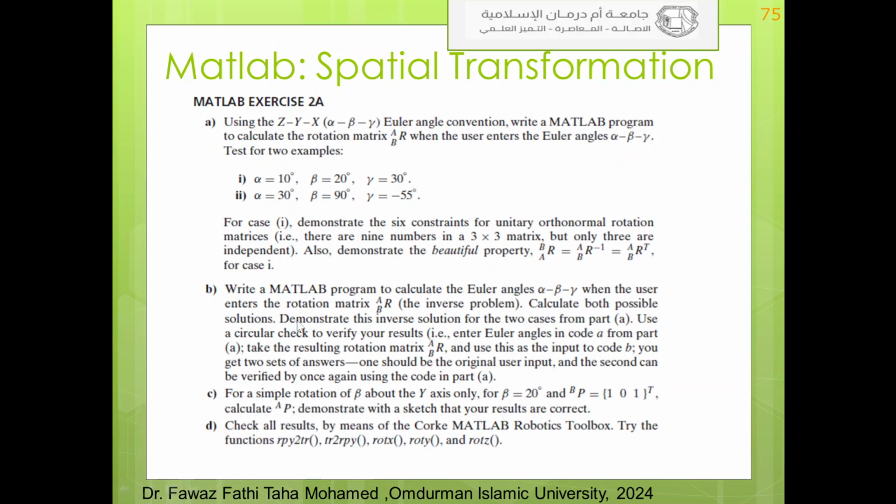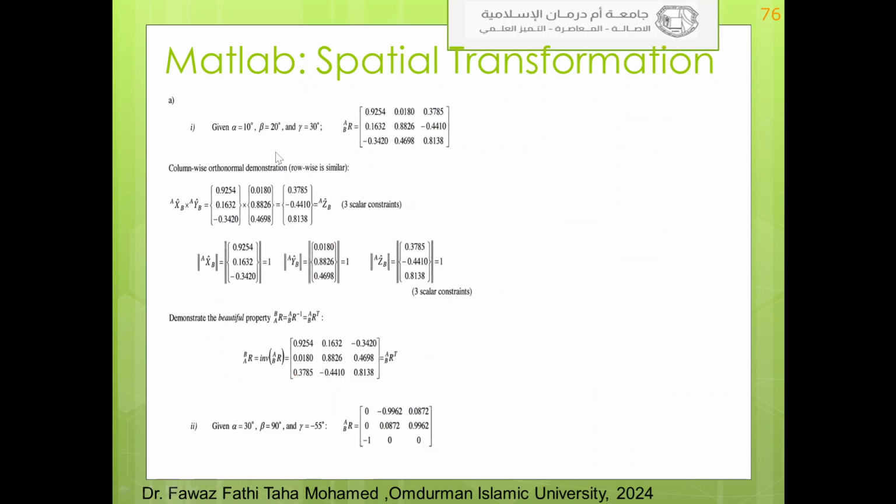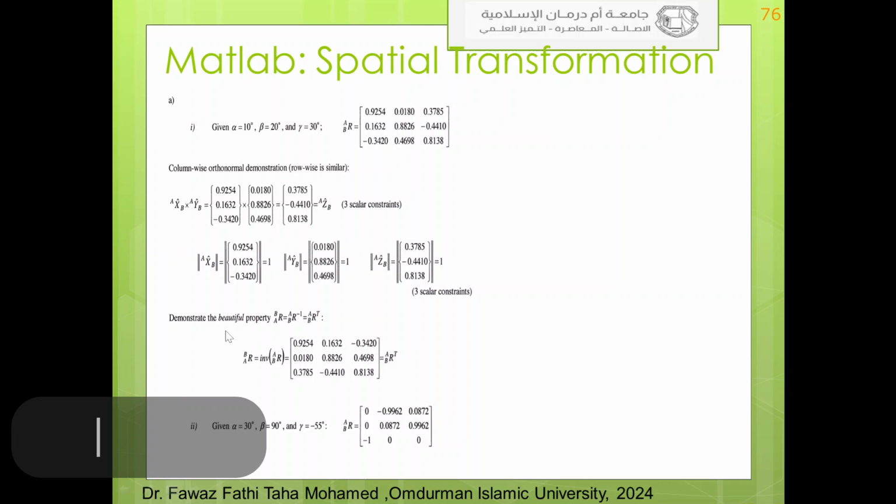Here we have some solutions by hand, alpha, beta, gamma, and this is the result of this computation matrix. Check the column-wise orthogonality relationship, the unitary relationship, and also demonstrate the beautiful property.